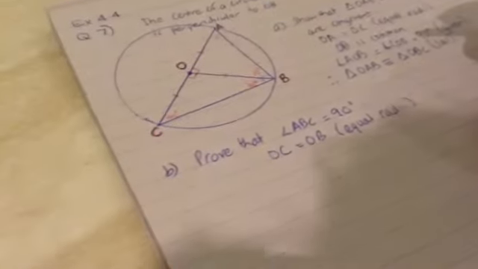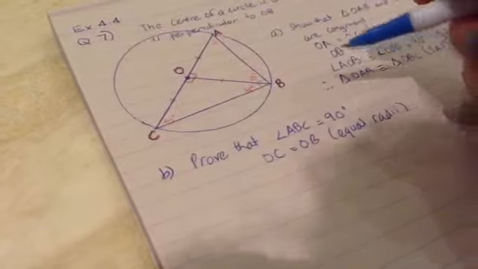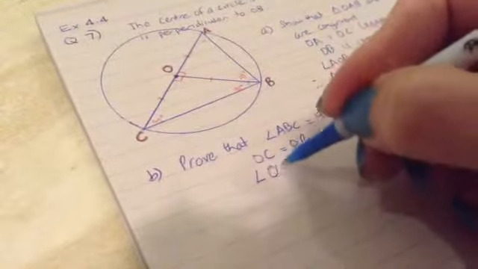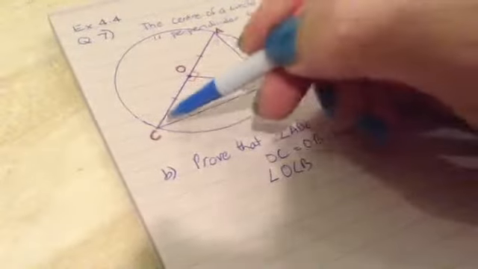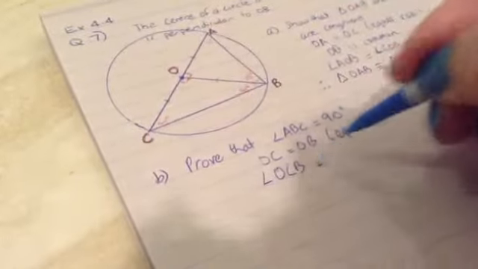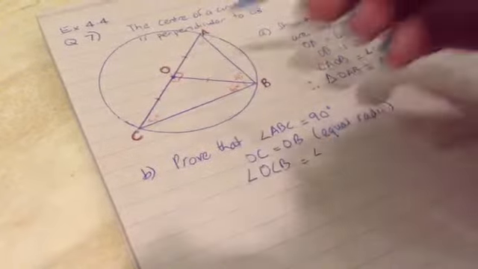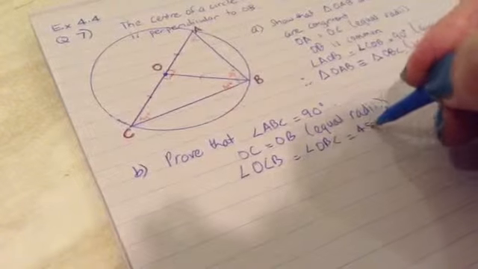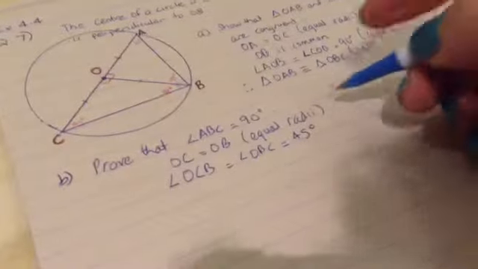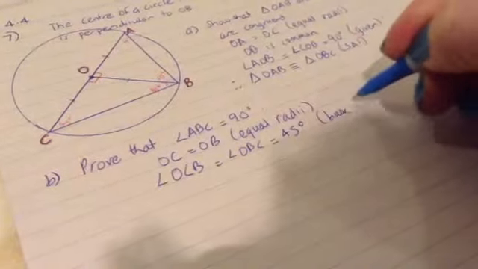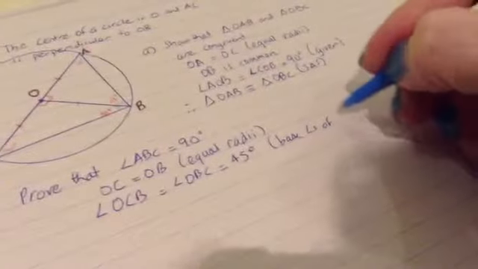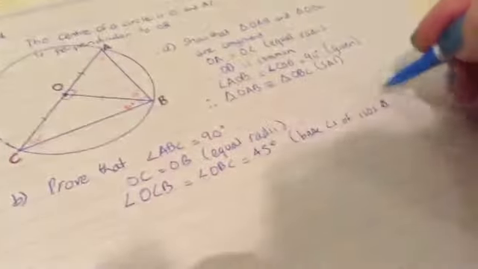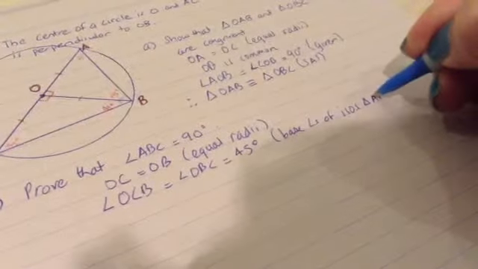And then angle OCB, this angle here, is equal to angle OBC, which is equal to 45 degrees, because they are the base angles of the isosceles triangle OBC.